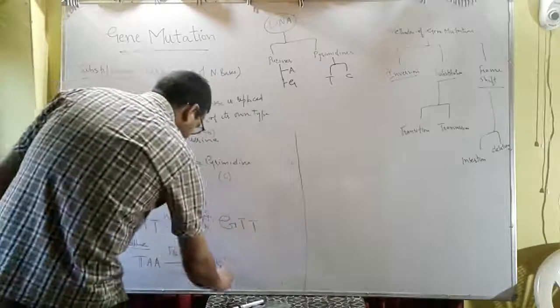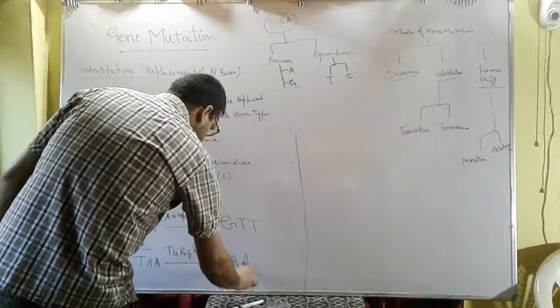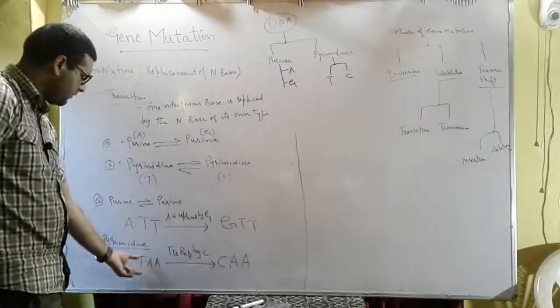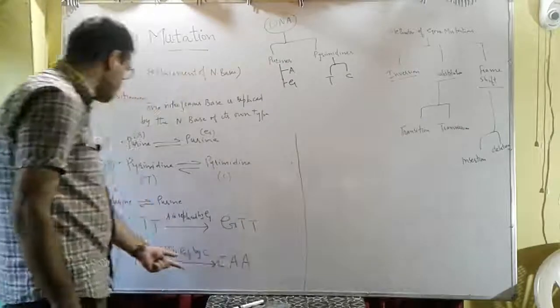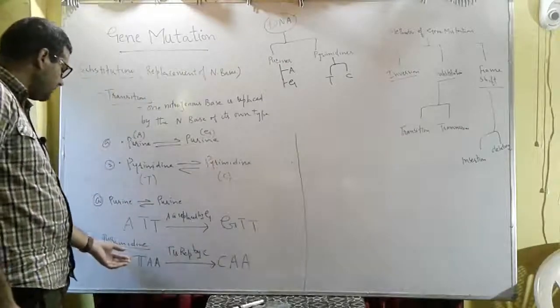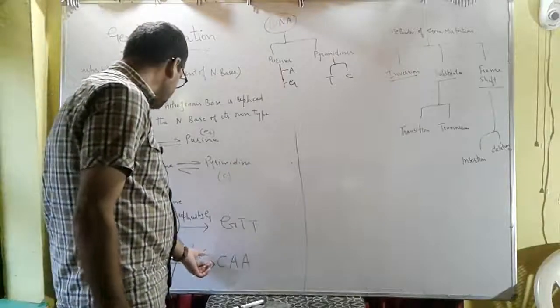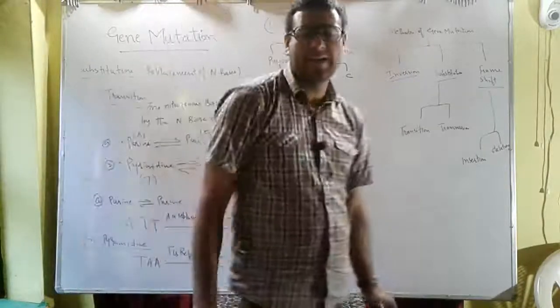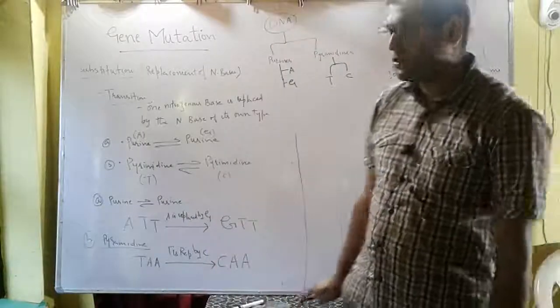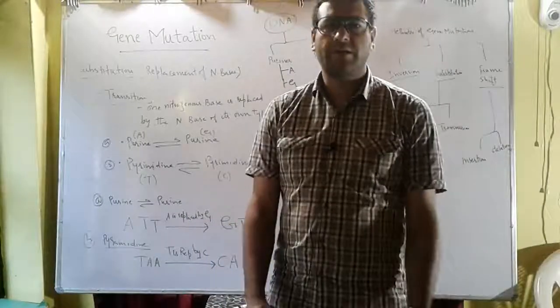So CAA. This is the original base sequence, this is the new base sequence. Here thymine, a pyrimidine, is being replaced by another pyrimidine. So we can say that in case of substitution there is a replacement of nitrogenous bases.